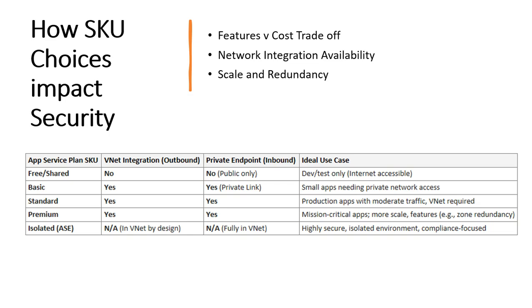You've suddenly got a broad range of security options, but what you're actually doing now is asking, what's my use case? What do I need? Is it a small app? Do I have a production app with moderate traffic? Or do I need a highly secure, isolated environment which needs more scale, more features, zone redundancy, high throughput? And that's where things like premium and isolated will come in.